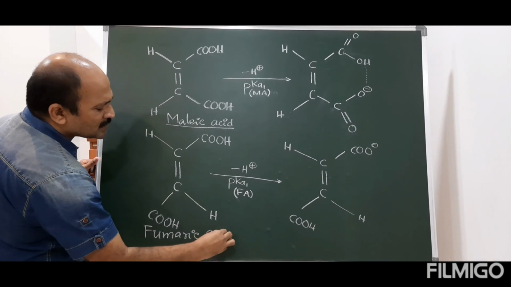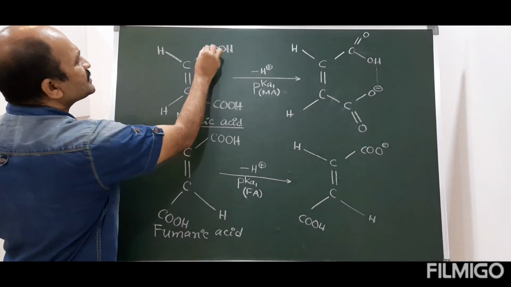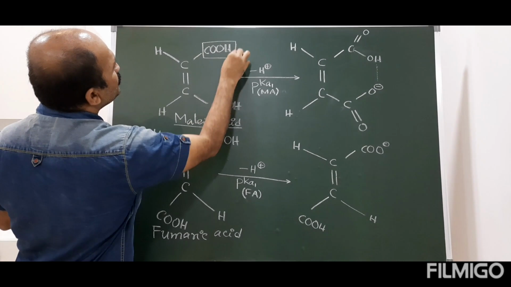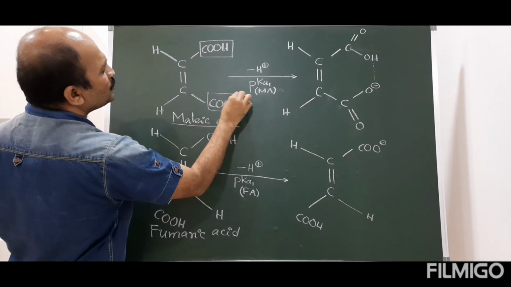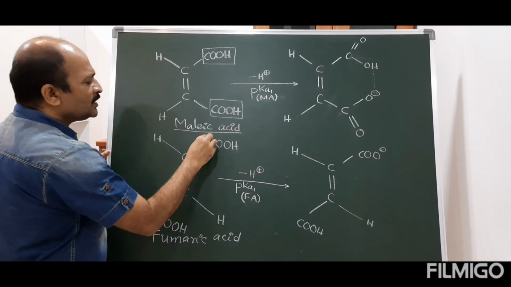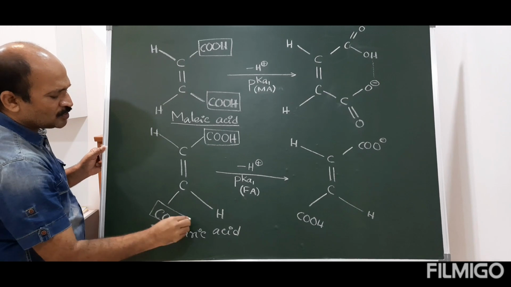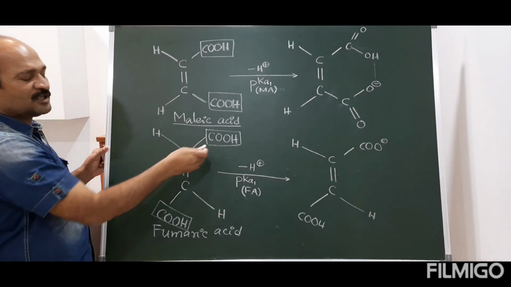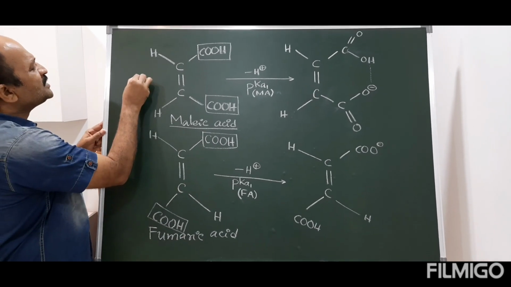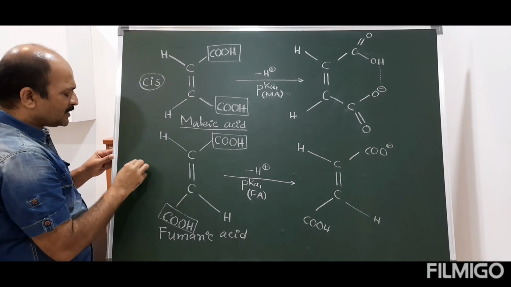Both have the same structure, but the difference is that here the COOH groups are present on the same side of the double bond. Here the COOH groups are present on the opposite sides of the double bond. That means it is a cis isomer, and this is a trans isomer.